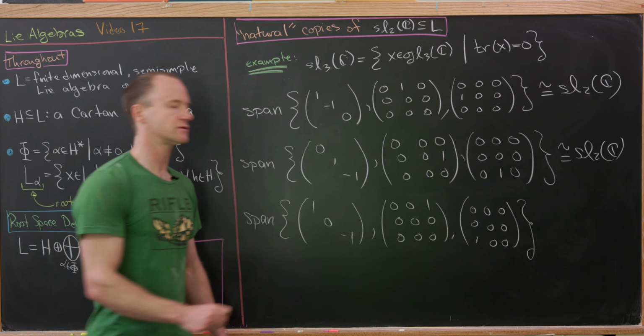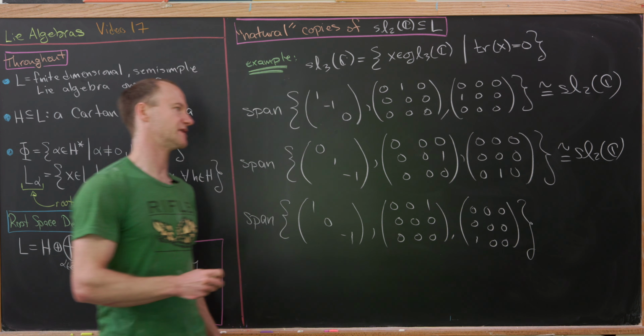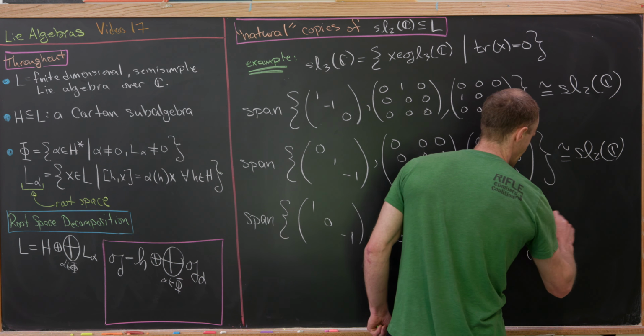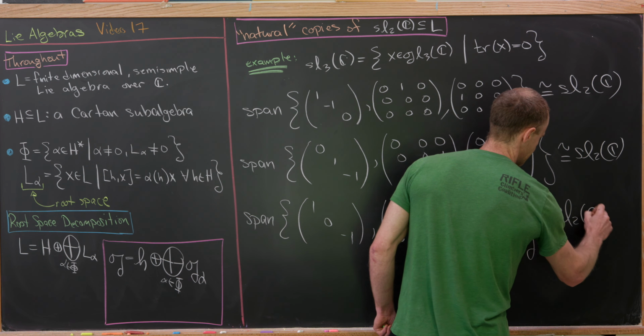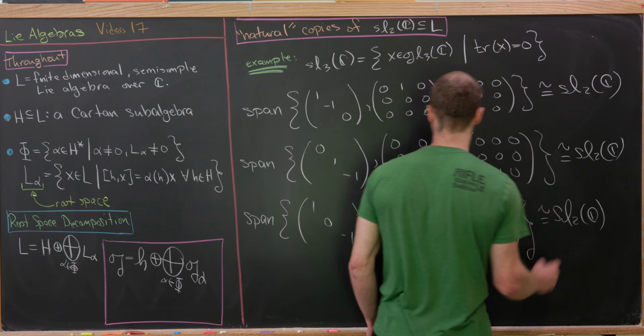And you can also check that this has the same defining relations of SL2C. If we saw that this is happening in SL3, I think you could probably generalize this to SLN pretty easily. In fact, you can find lots of copies of SL2 in larger n values of SLN. Obviously, it's going to depend on the value of n.